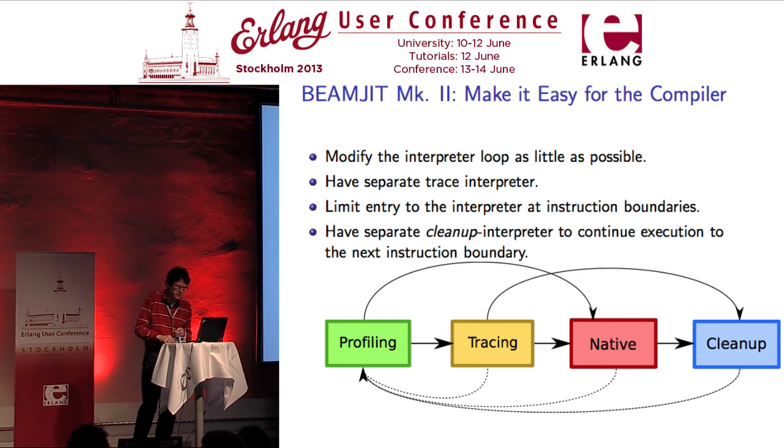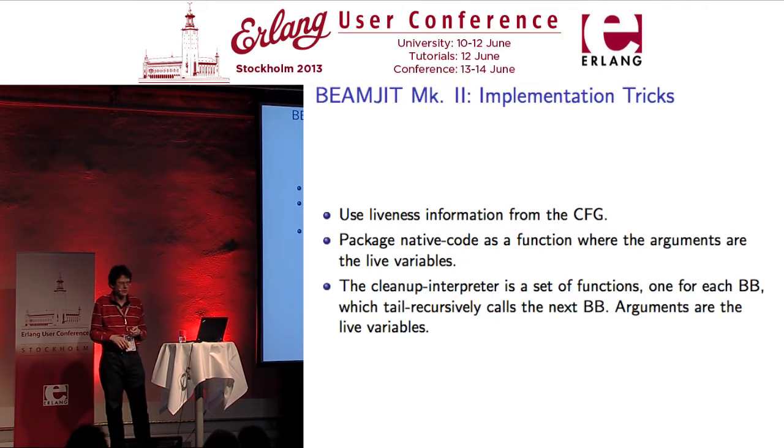And to do this, we used some implementation tricks. I used liveness information from the control flow graph, and happily, it turns out that if you're looking at the set of variables that are live on entry at instruction boundaries, there are only 8 distinct sets.